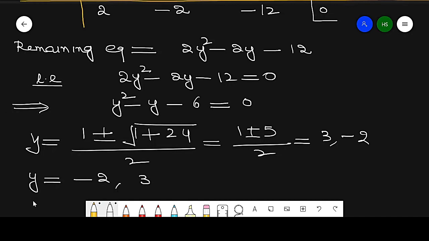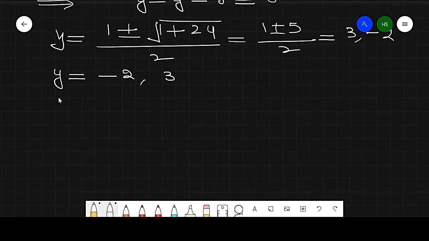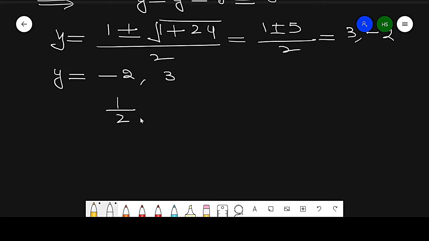So what are the roots of equation number 2? The roots of equation number 2 are 1 by 2, -2 and 3. So what will be the roots of equation number 1?